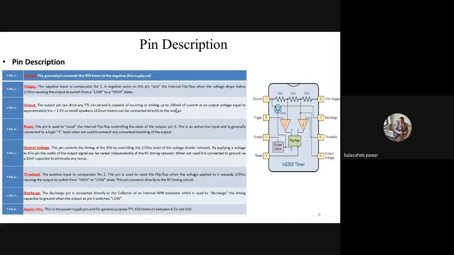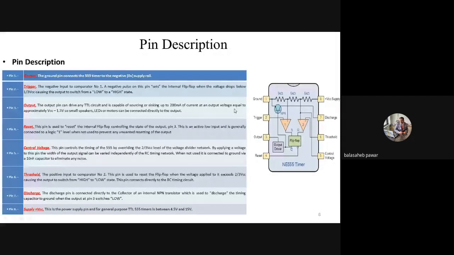In that case, you have to use coupling components like a transistor, connecting the DC motor or high-current load in series with the transistor, or you can use a relay. Many components can be used to boost the current capability.